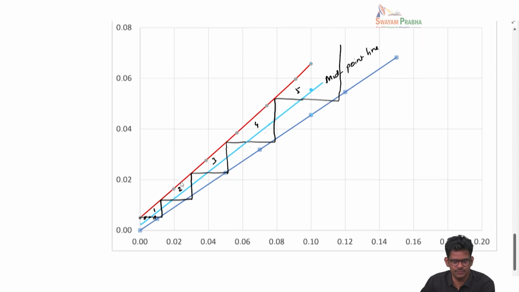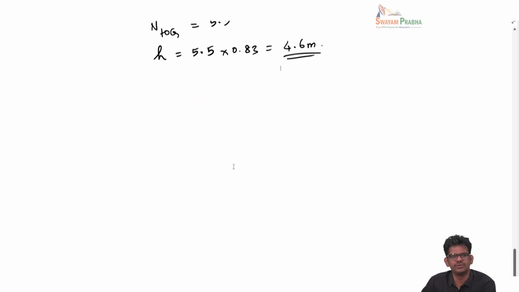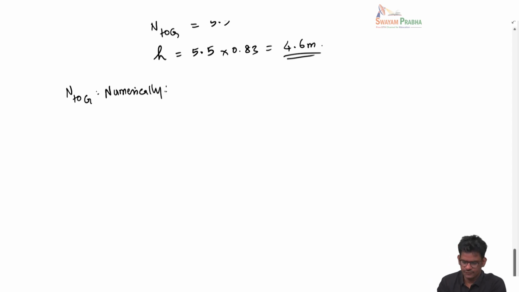This is option 2. Option 3 is to do this numerically. For this, I have given a set of equations for getting NTOG, but I am going to use this particular form for this calculation.